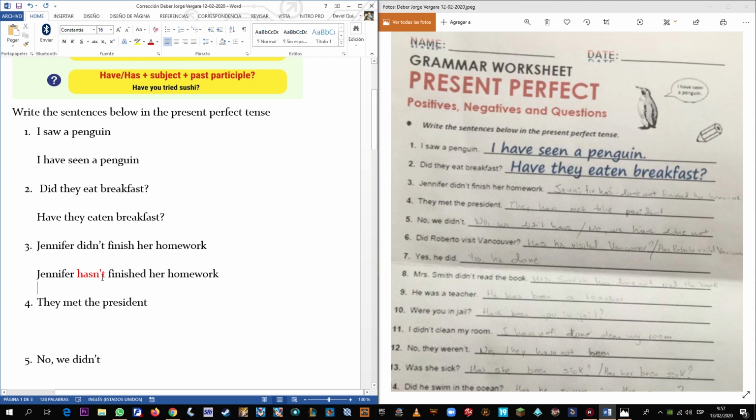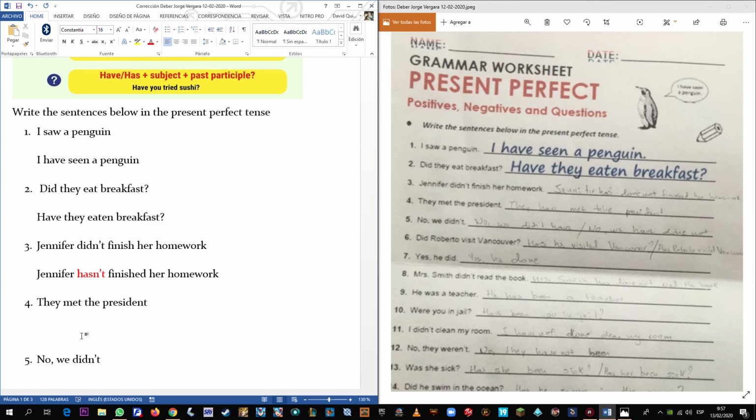So Jennifer hasn't finished her homework. That would be the transformation of this sentence, and our student has to change this sentence into the correct way.